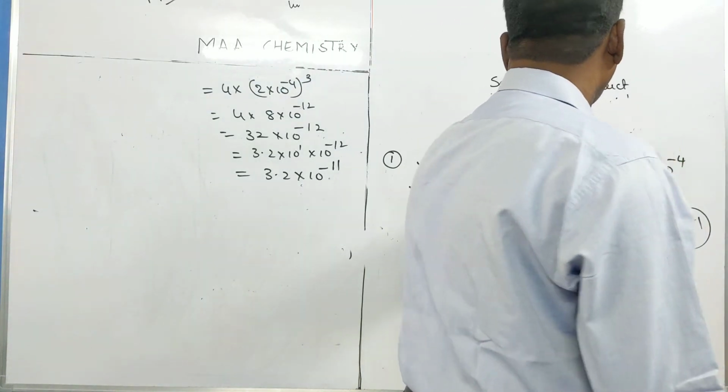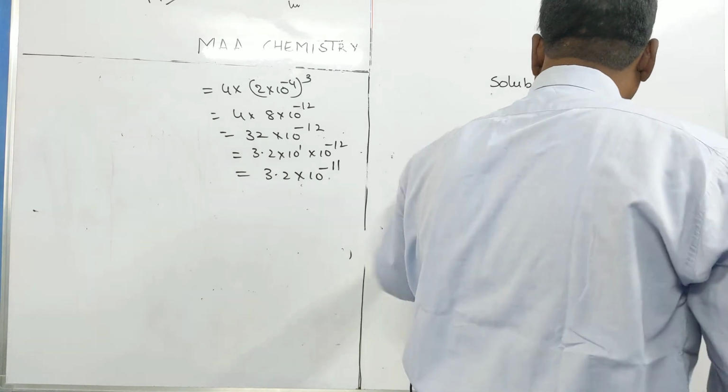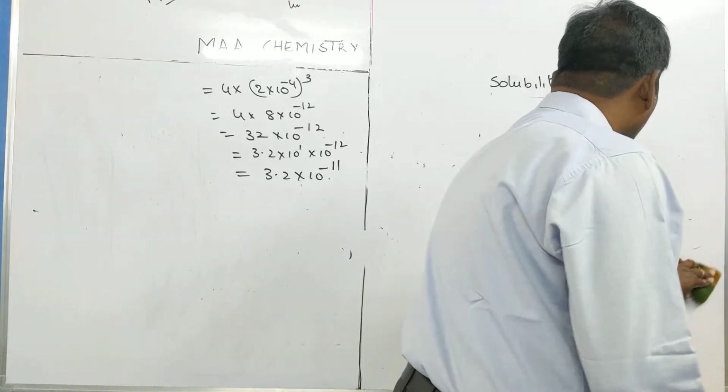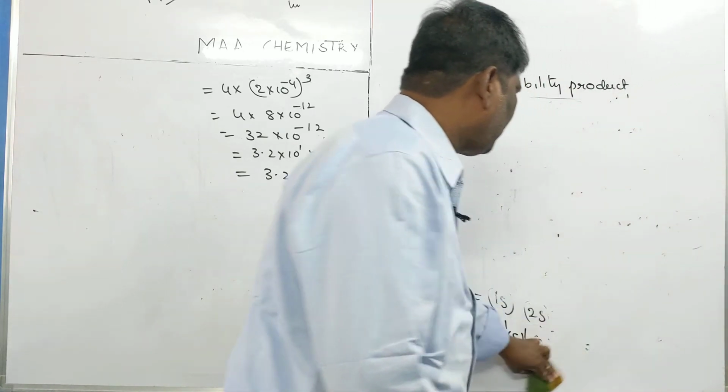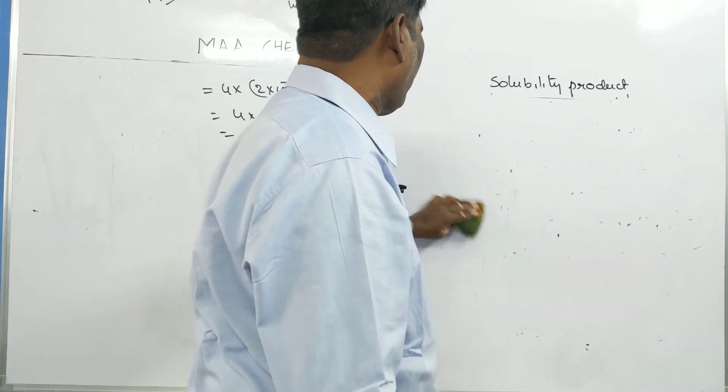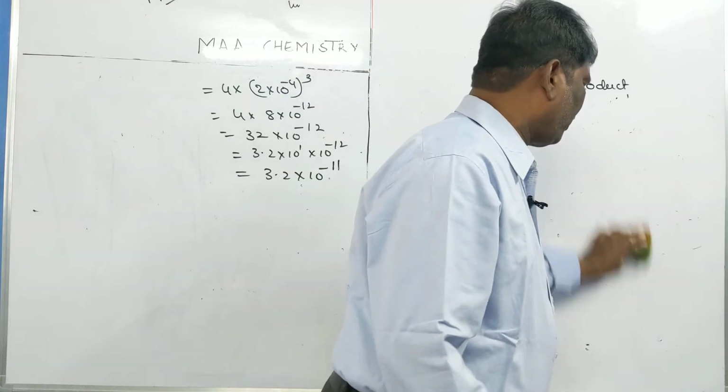Now we are going to discuss one more problem. This time I am giving another salt. This time I am giving the solubility product and asking you to find the solubility.